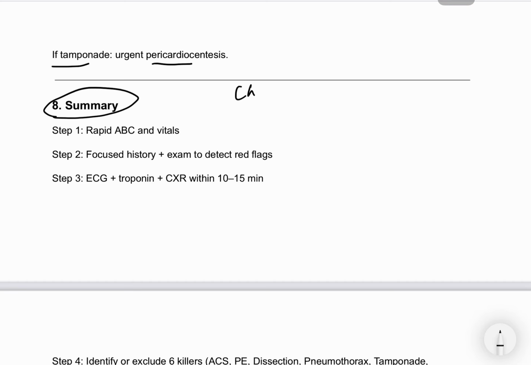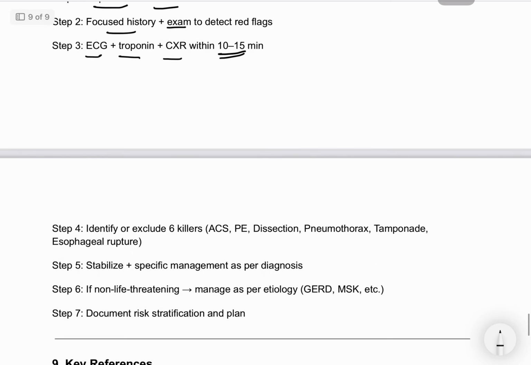Whenever a patient comes with chest pain in your emergency department, rapidly do ABC, do vitals, take a focused history, and examine that patient. After that, do ECG, troponin, and chest X-ray within 10 to 15 minutes. Okay. After that, identify or exclude the 6 killers: acute coronary syndrome, pulmonary embolism, aortic dissection, pneumothorax, cardiac tamponade, and esophageal rupture, and stabilize the patient.